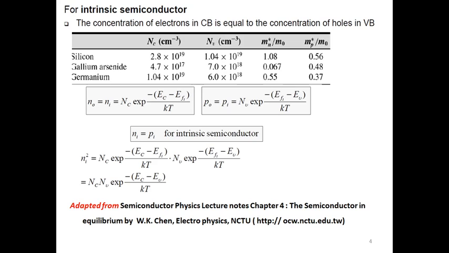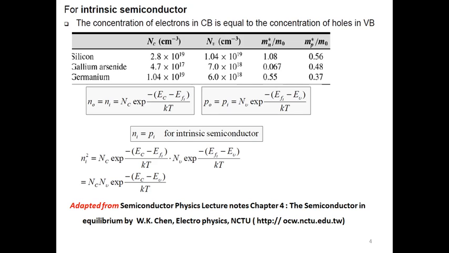But we know that in an intrinsic semiconductor the number of electrons is equal to the number of holes. If you take the product of Ni and Pi, you get Ni square, and that equation becomes Ni square is equal to Nc Nv exponential of minus (Ec minus Ev) divided by kT.